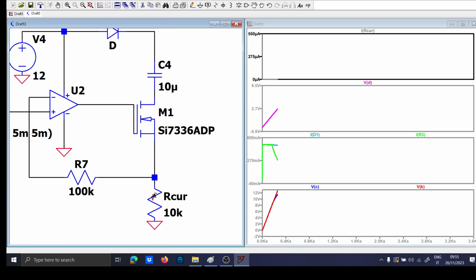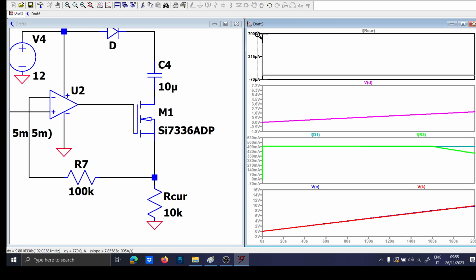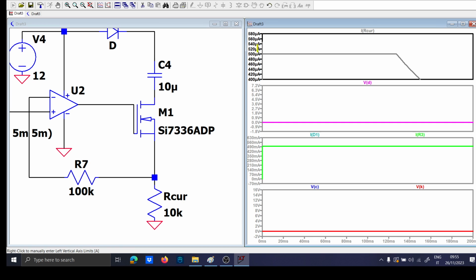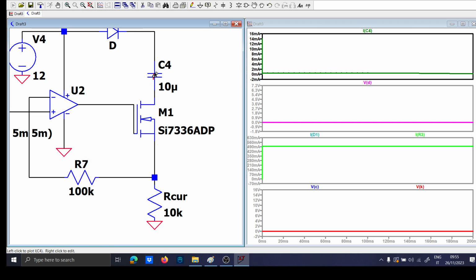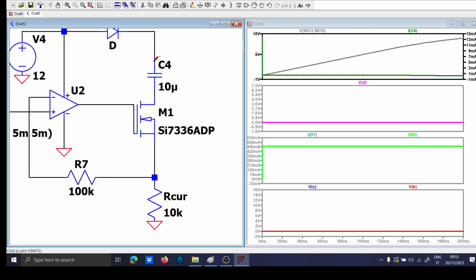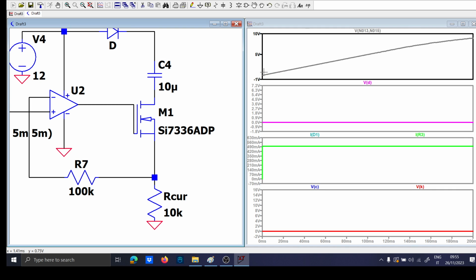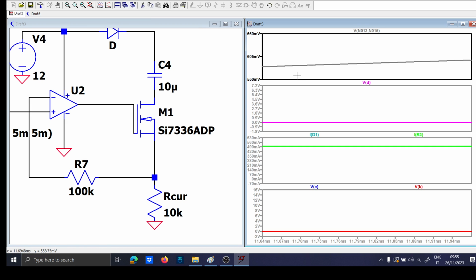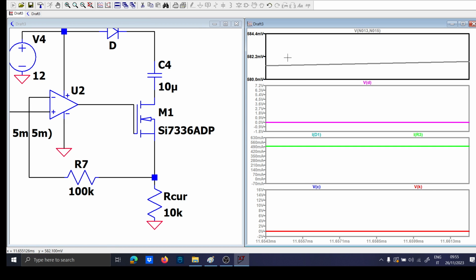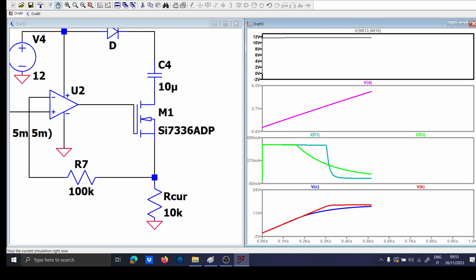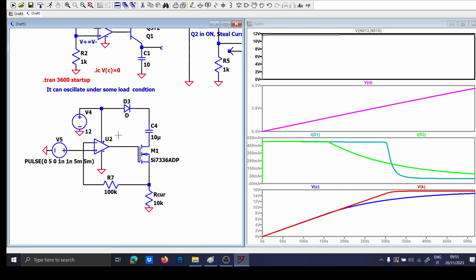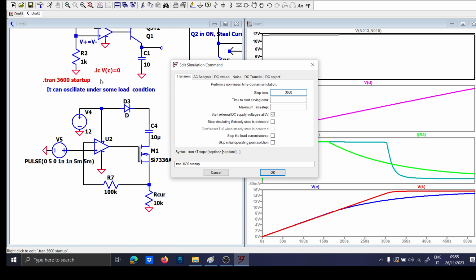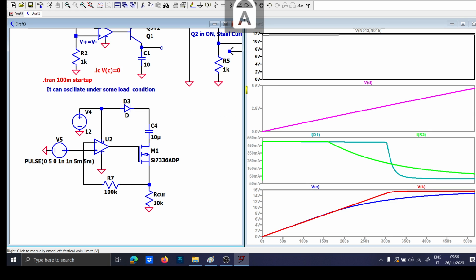So now let's check the current here. Let me check the voltage. Of course you don't see it. Okay, wait. It's not that the circuit is wrong or something, it's just that it is hard to see with this time. Let me put 100 milli.